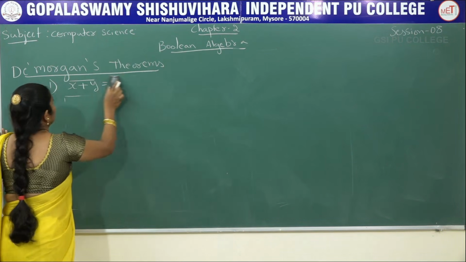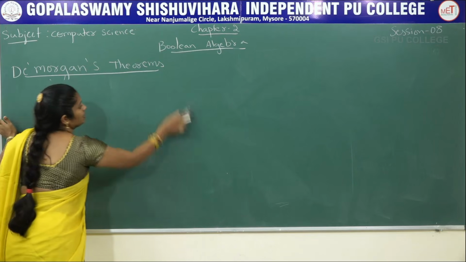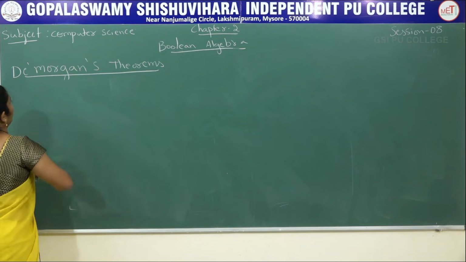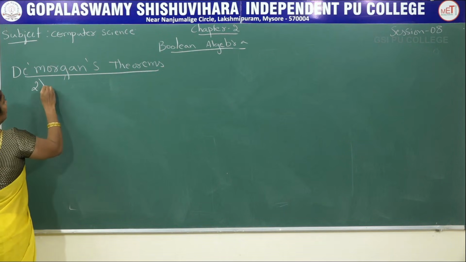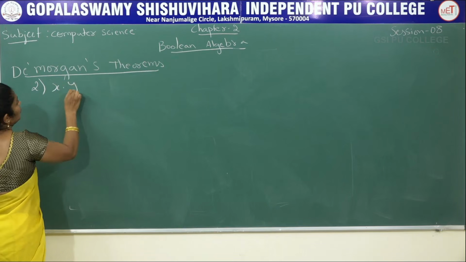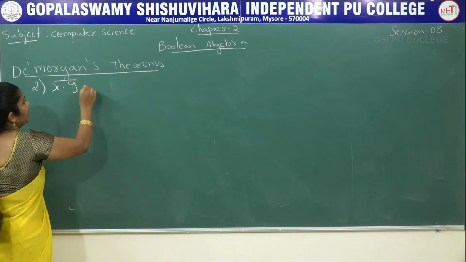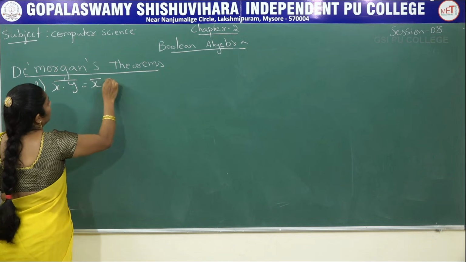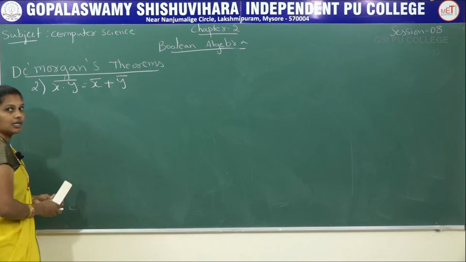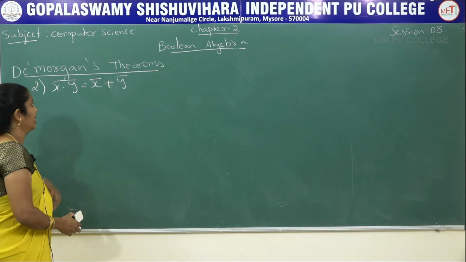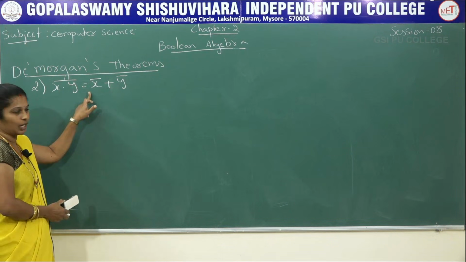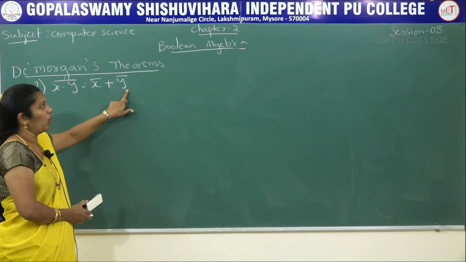What exactly the second De Morgan's theorem states is x into y whole bar equals x bar plus y bar.